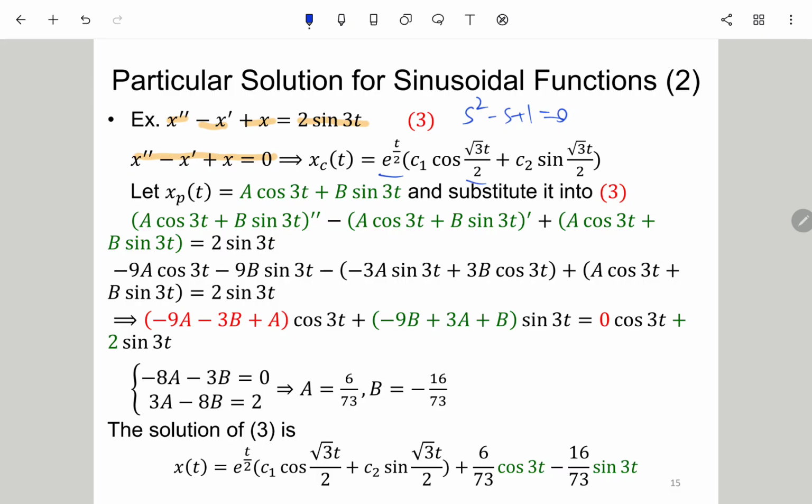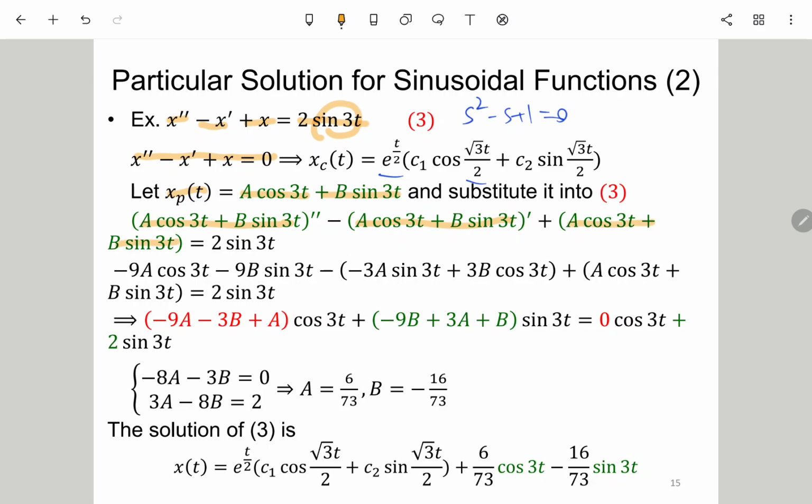So this is the complementary solution, nothing special. And then for the particular solution, the right side is sine of 3t, so we should assume the particular solution to be a cosine of 3t plus b sine of 3t. Then we plug this xp into equation 3, so that we have xp double prime minus xp prime plus xp equal to 2 sine of 3t.